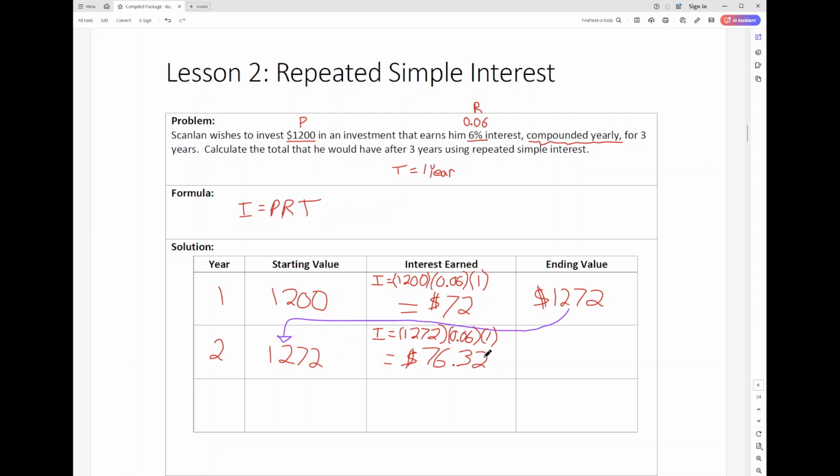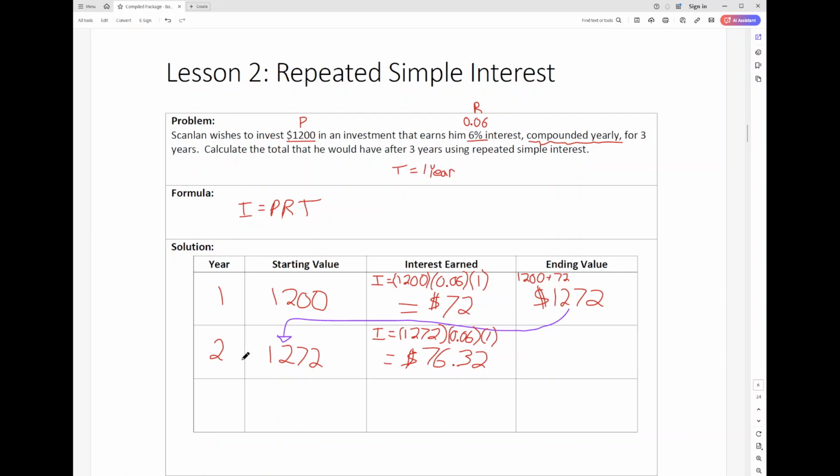Okay, so now we have to add these two together to get our ending value. So I should maybe write this over here. 1200 plus 72. In this case, I'm not going to write it out because again, it's really hard with a mouse here.